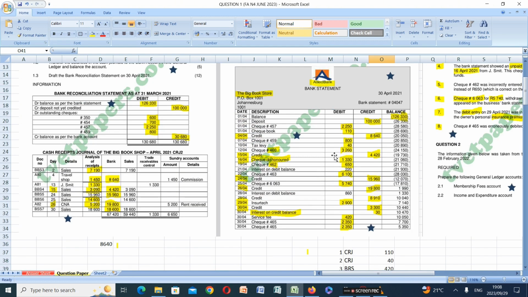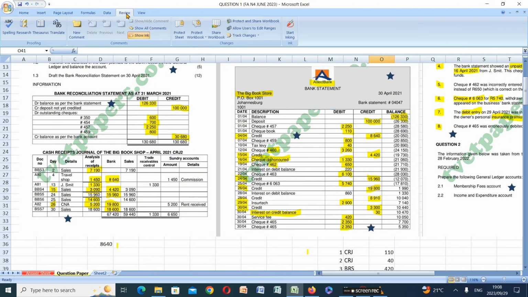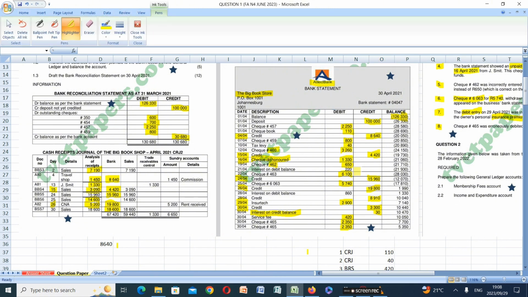What's still left? Okay, we have two amounts remaining. We have this 220, which is interest on debit balance, and we also have this interest on debit balance, which is the 860.